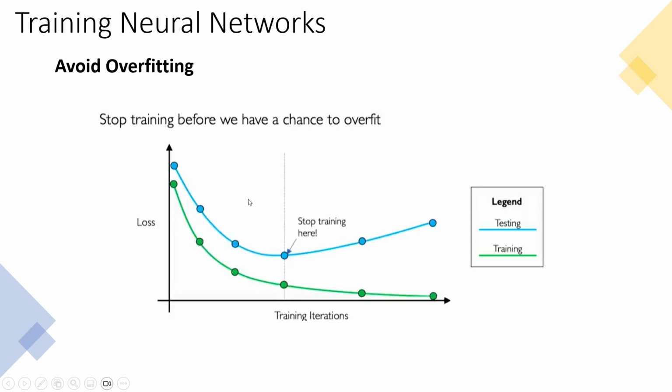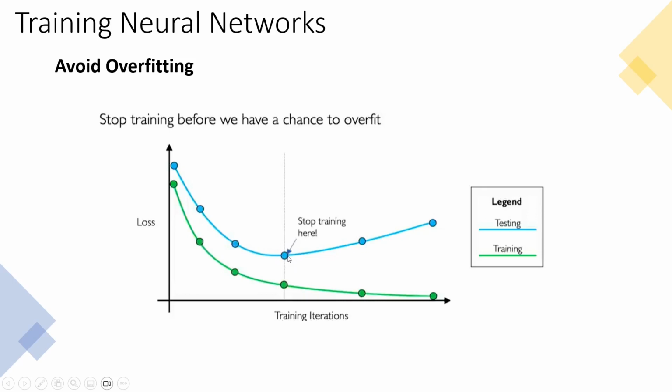Okay, and you can basically see whether your network overfits or not by following the loss function. So if your loss function decreases gradually for your training data, but for your testing data, it decreases and comes to a plateau, and then somehow either it stays stable or it increases, that means you need to stop here. That's the point where your neural network is trying to memorize.